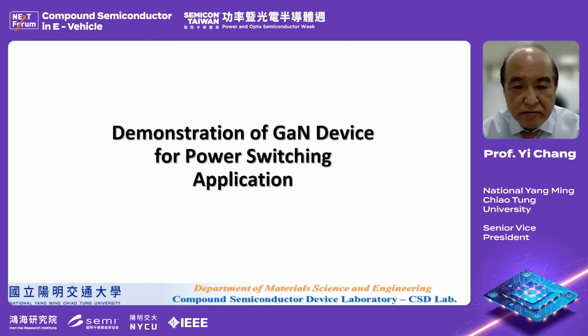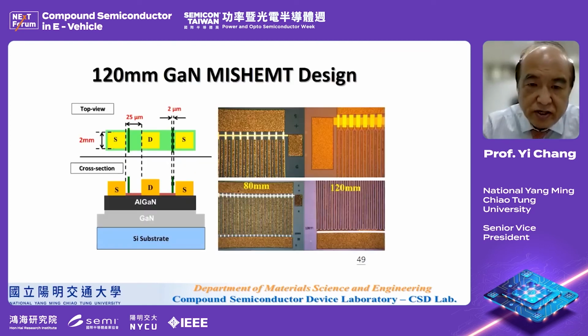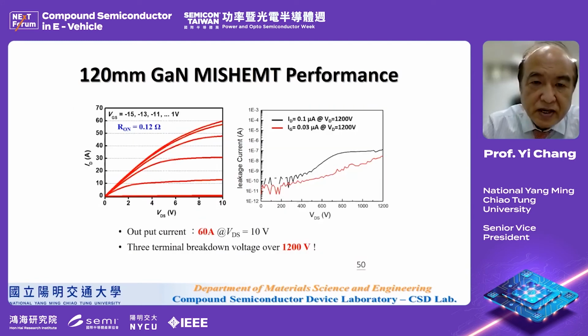Next, I show some demonstrations of the application of GaN and SiC devices for power switching applications. This is a 120 millimeter GaN and SiC MIS-HEMT device we're using. This is a typical performance with output current higher than 60 amp and breakdown voltage over 1200 volt.